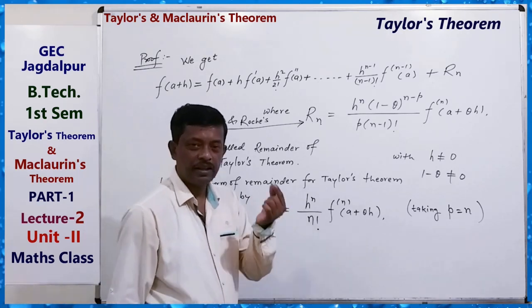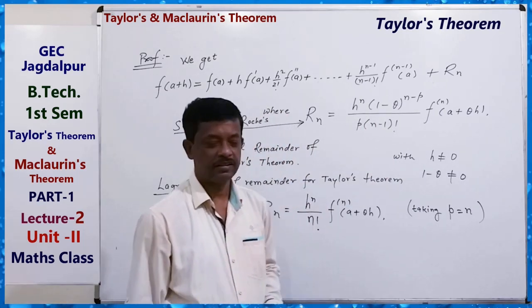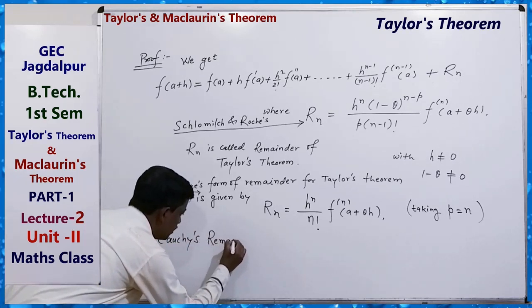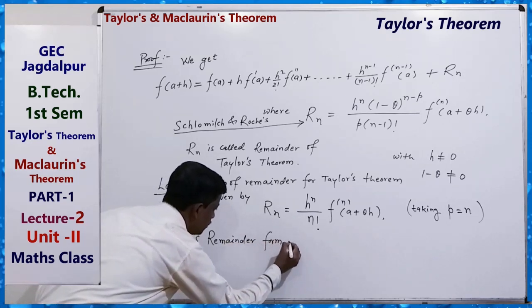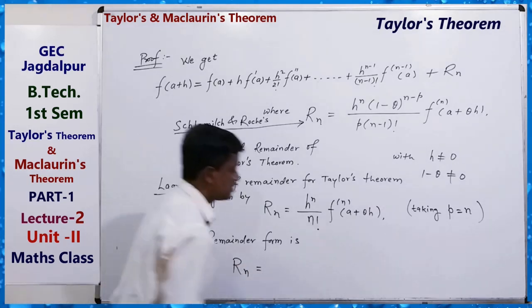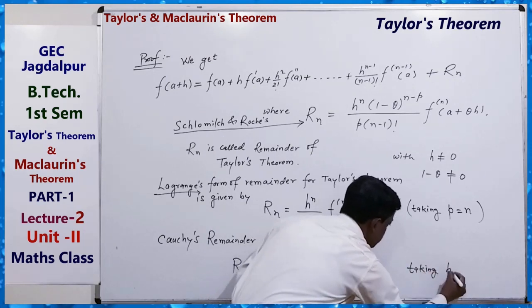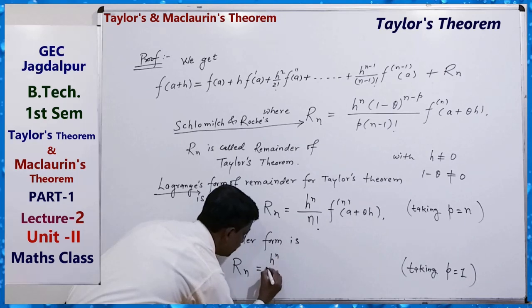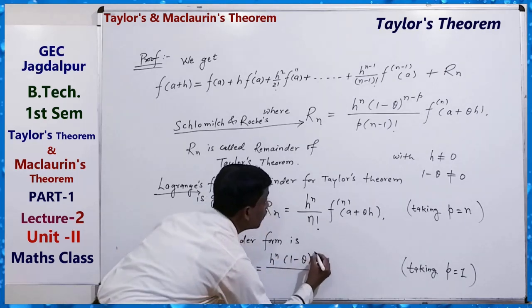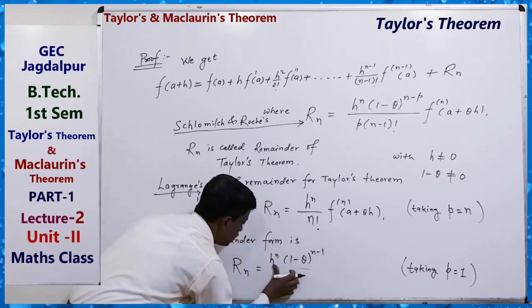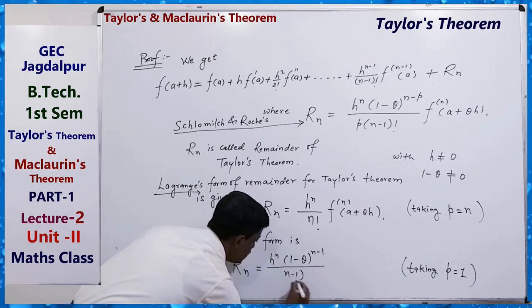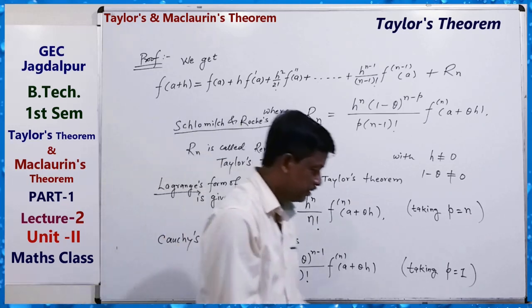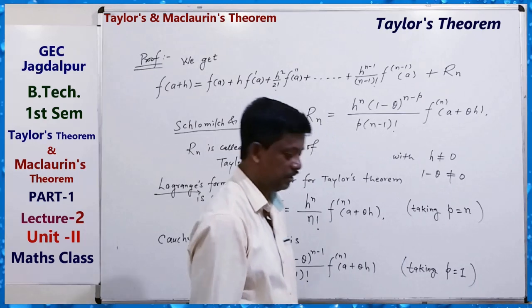And when we take p equals 1 here, then Cauchy's remainder form is h^n (1 − θ)^(n−1) upon (n−1) factorial f^n(a + θh).